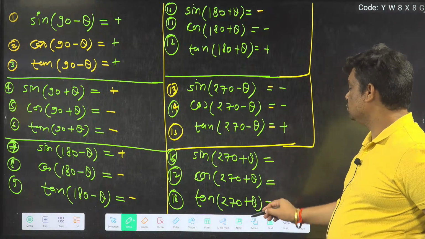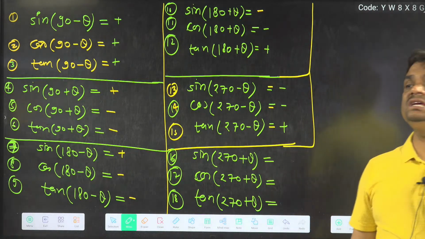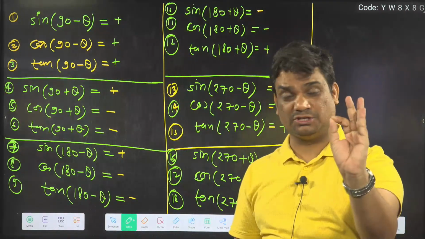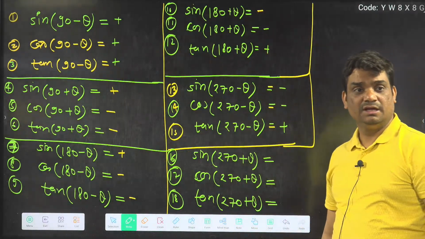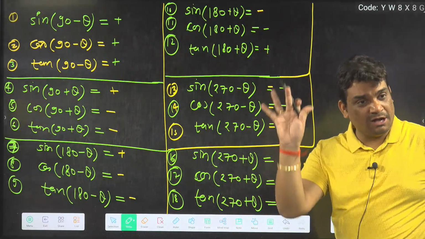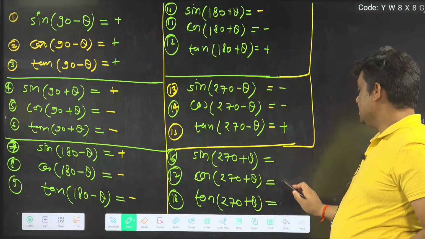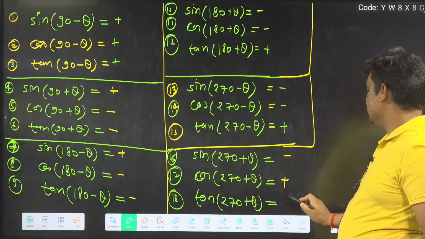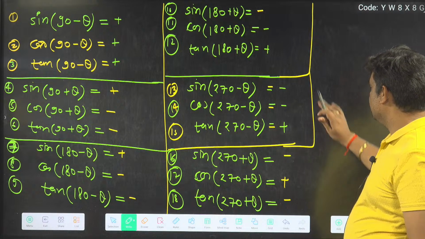You can say this is the fourth quadrant. In the fourth quadrant, only cos is positive. I will tell 6, 7 again, all of it. So we can say here cos is positive, the rest are negative.